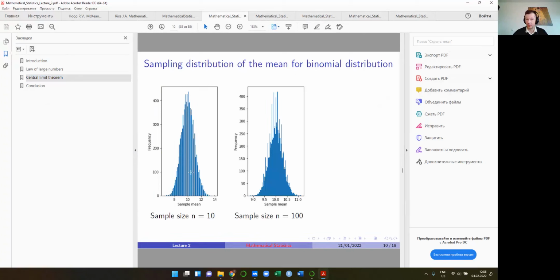Now plug in the formula. Here we have n random variables and here we have n random variables. So what's this? This is the sample mean, right? This is 1 over n multiplied by the sum of random variables. This is the sample mean squared. So let's rewrite this. First step, sample mean squared.